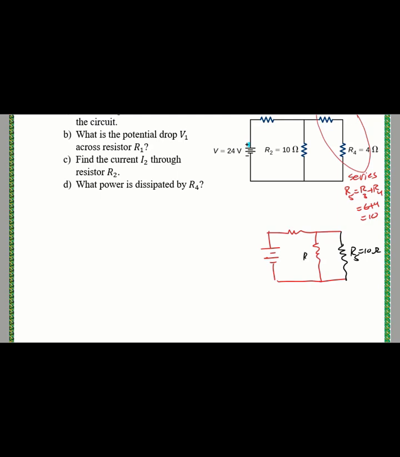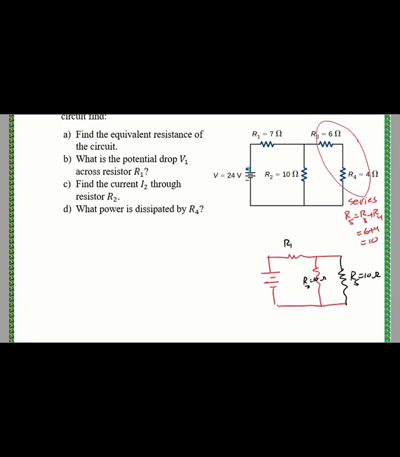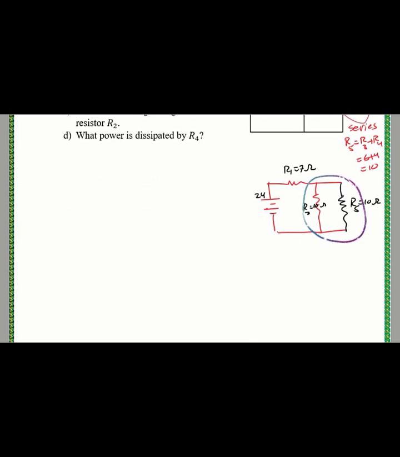Here I have R2, also 10 ohms, and R1, which is 7 ohms. And the potential for the battery is 24. Now, it's easy to show that these are in parallel because they have a common beginning and common ending. So R2 with R5 in parallel.